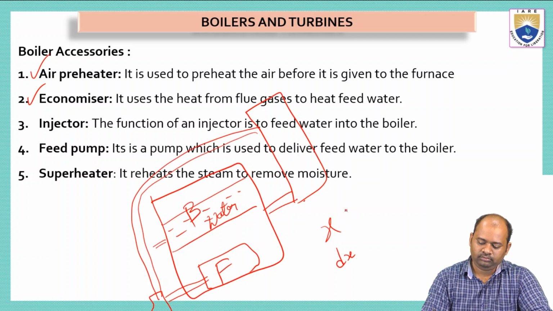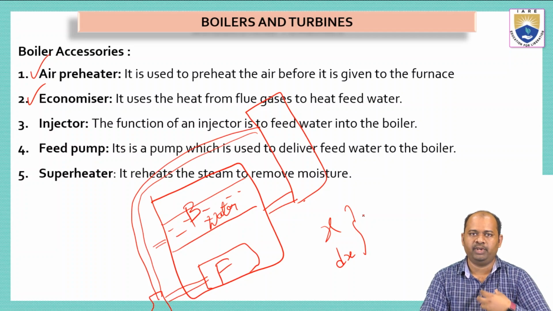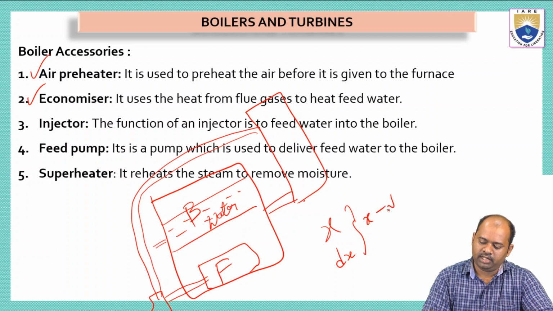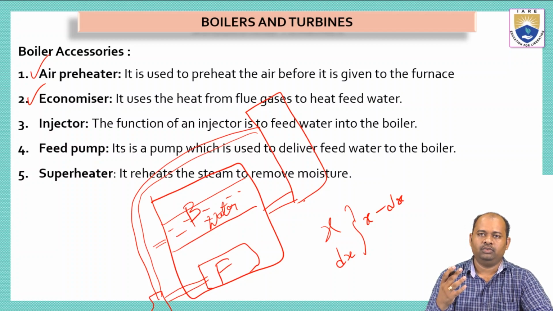Now, ultimately, what is the amount of work I have to do in order to heat the water? As the temperature of the water has already been increased from room temperature because I have preheated it with hot flue gases, x minus dx will be the final amount of work that should be supplied to the boiler from the furnace.